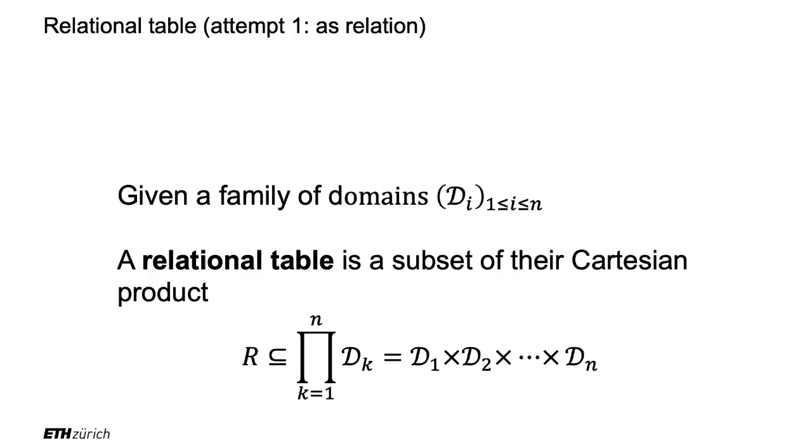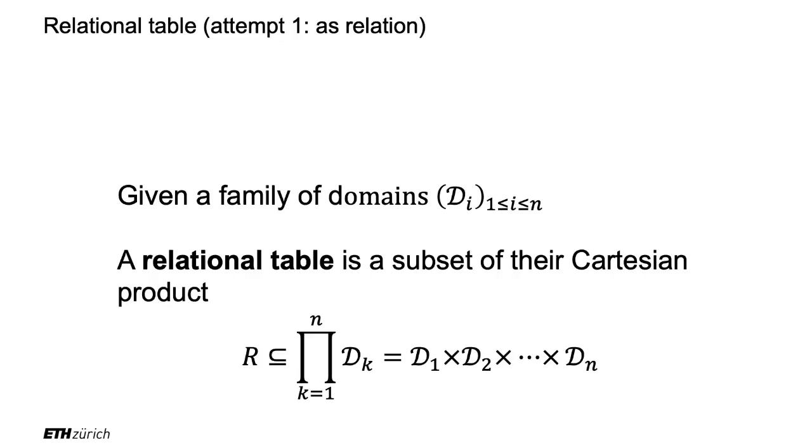Yeah, we have a question. Yes, so does every relational table have to have an index column that distinguishes each row from the others? Or can there be rows in the relational table that are totally identical? Identical. Same. Yeah.